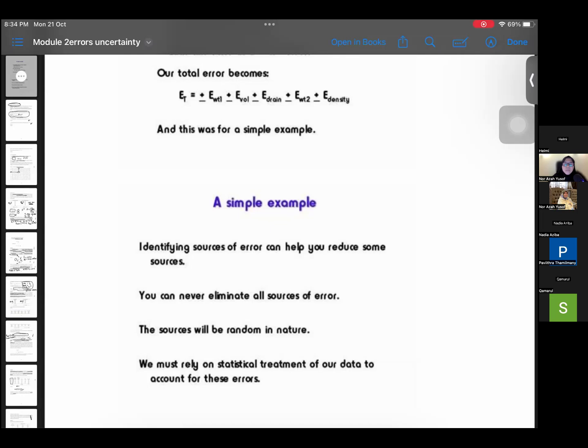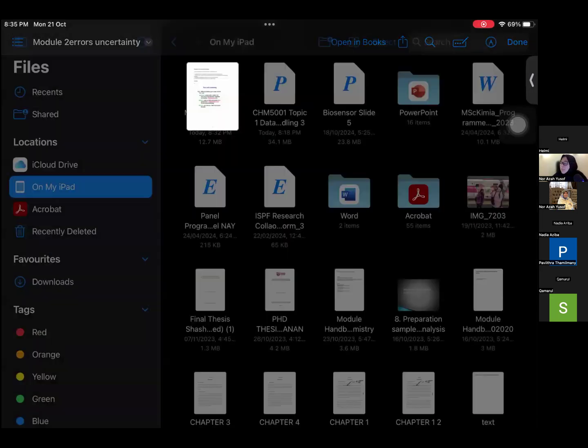That's why later somebody will talk about ANOVA, which is suitable for a lot of samples. So this is enough for you if you're doing chemical analysis for 30 or a bit more than 30. But if there are a lot, then we should use a different type of statistical analysis.